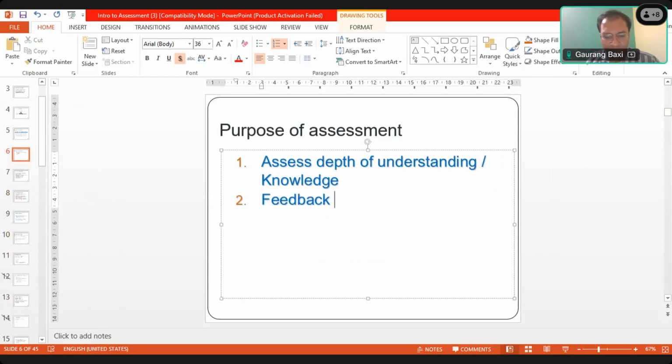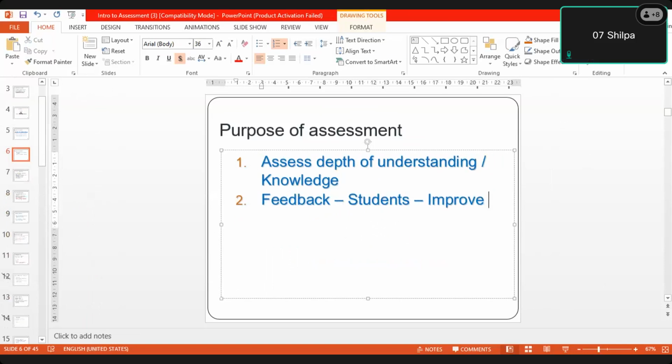Feedback to whom? Students. It helps to improve the performance of students. To gauge the level of competency among peers. To check the progress.